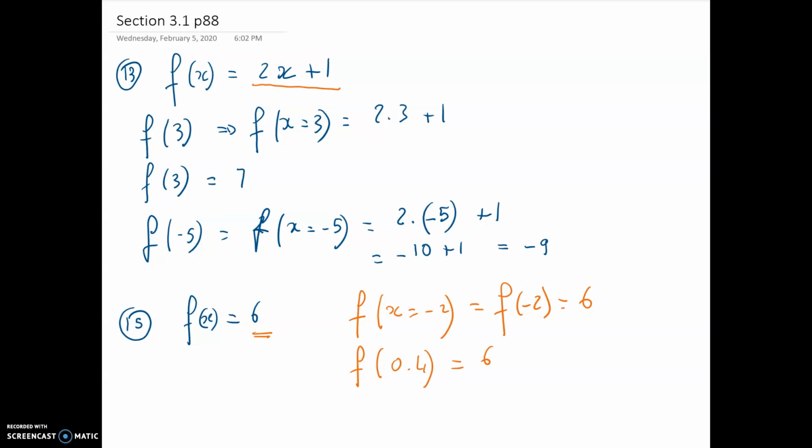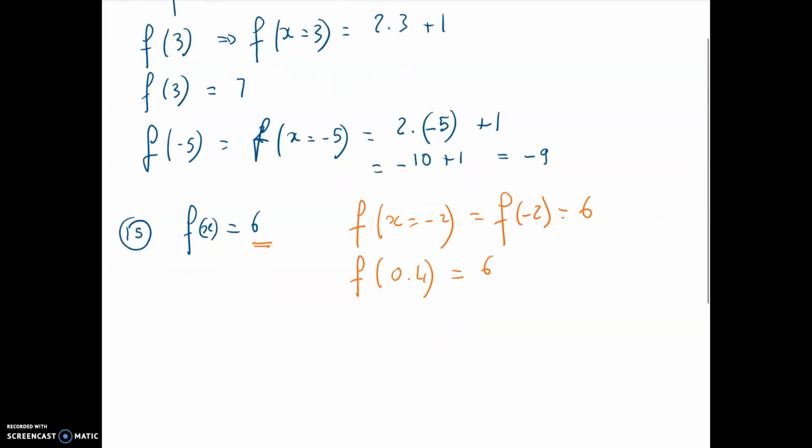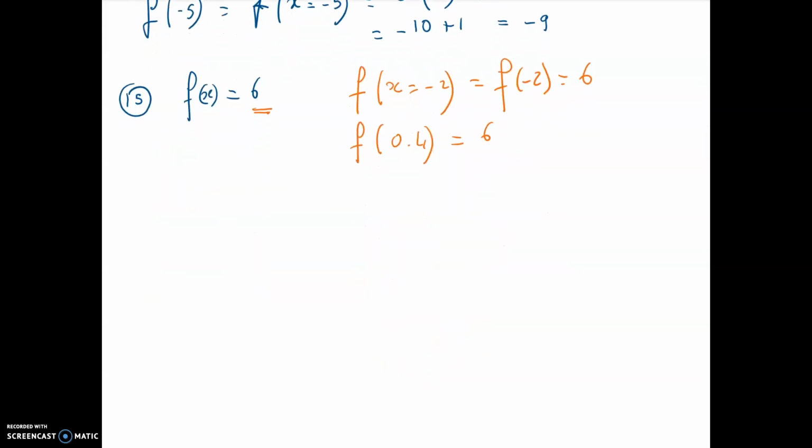Let's try to calculate problem number 16. When I try to do problem number 16, we do have a function. Now this time the function is a function of t. And they are telling you that this function is expressed as 7.2 minus 2.5 times the absolute value of t.